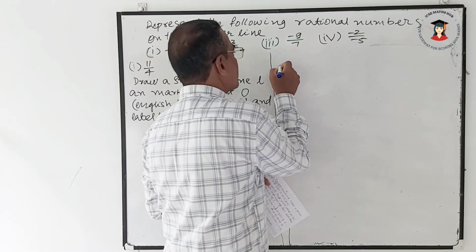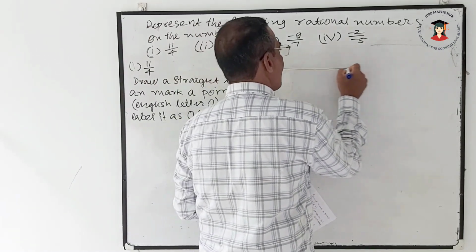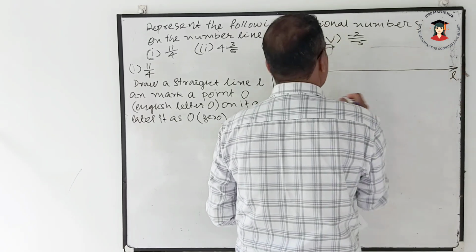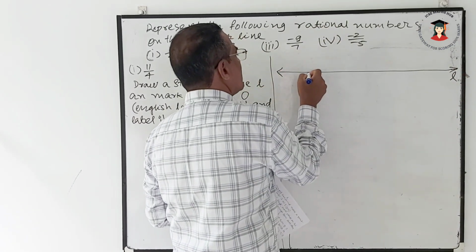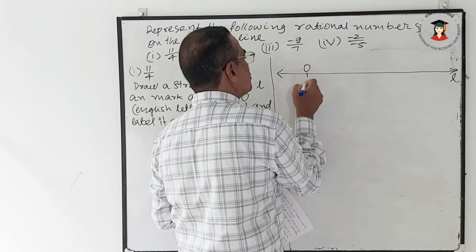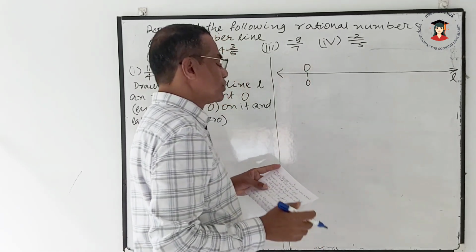So draw a line L and mark a point O and label it as 0.